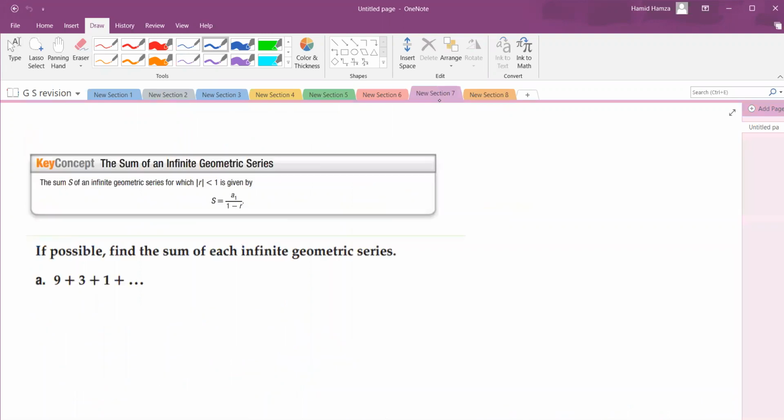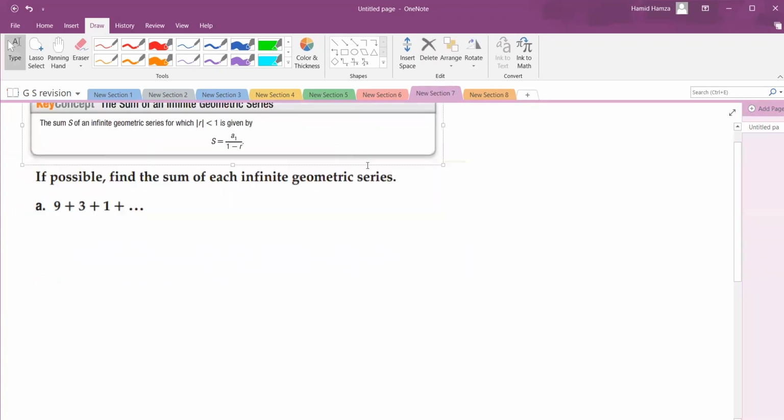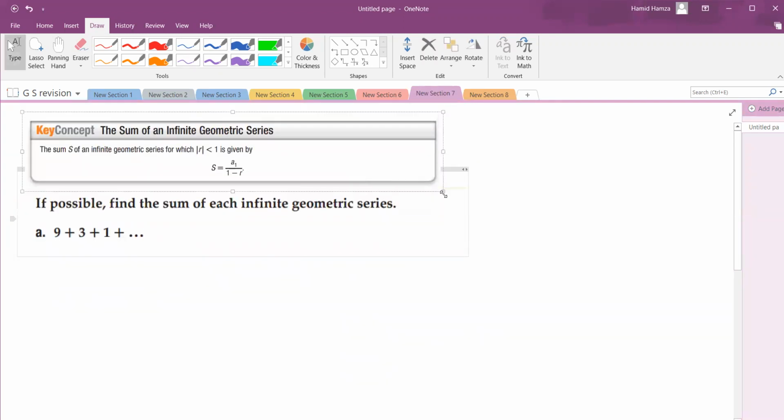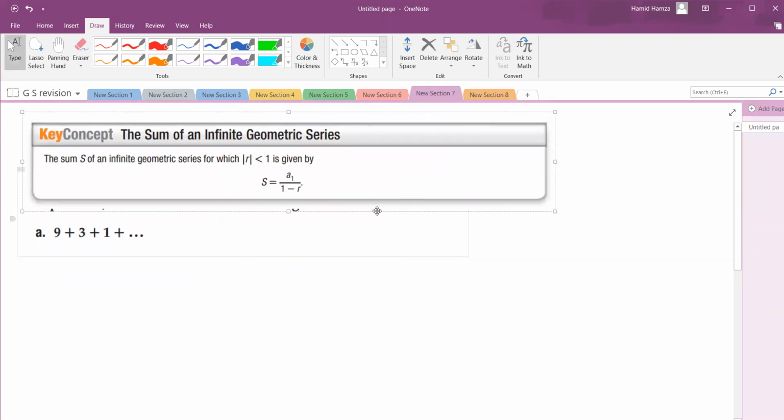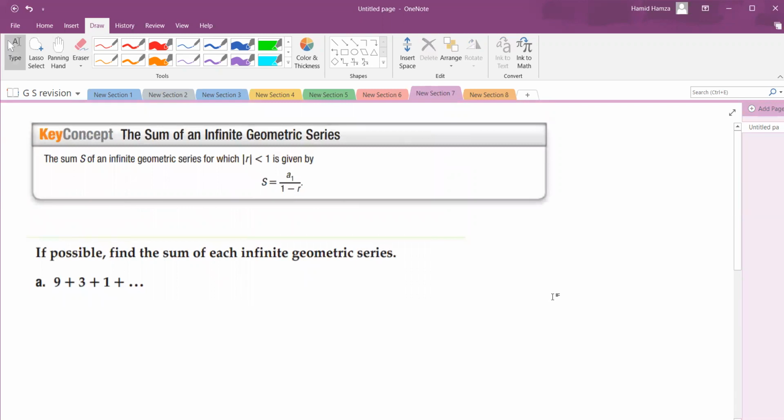Okay, the last point I'll talk about is the sum to infinity. For a geometric sequence, we can find its sum to infinity if the following condition is satisfied.